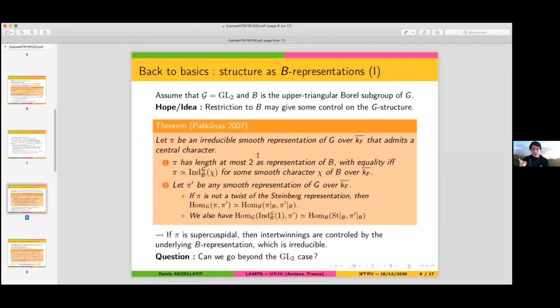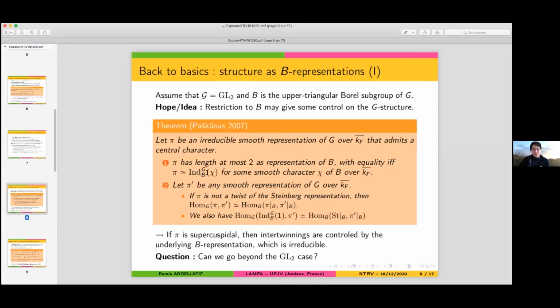It doesn't say whether it's semi-simple or not, and in general, no. In general, it's semi-simple because it's irreducible, but when it's not irreducible, it's not semi-simple, okay? And it's of length 2 if and only if it's a parabolically induced representation.